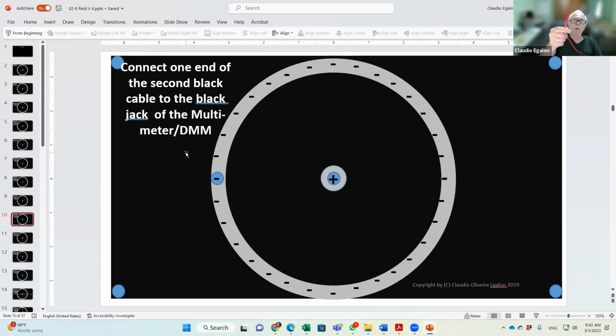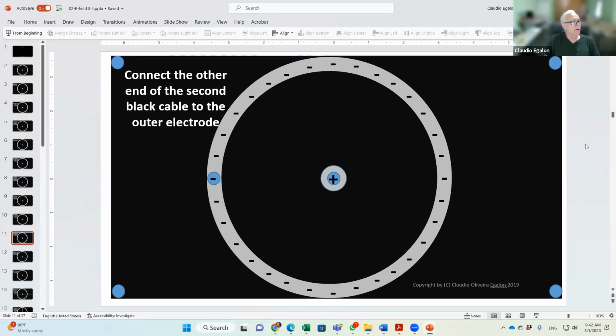And that's going to be the probe that's going to be making the measurements. Between this point and this point, we have 10 volts of difference. Connect the other end of the second cable to the outer electrode. Red probe to the red jack. For now, leave the other end of the red probe laying down on the table.